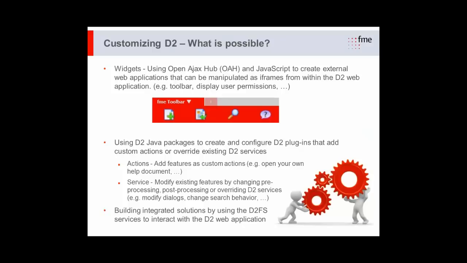The first is that you add your code before the default service is executed. You have a post-processing, so you can add your code behind the service or after the service is executed, and you have also the possibility to override the whole service. So with this mechanism, you are able to modify dialogues, for example, or change the search behavior. These are only two examples, but the overriding of services is very powerful.